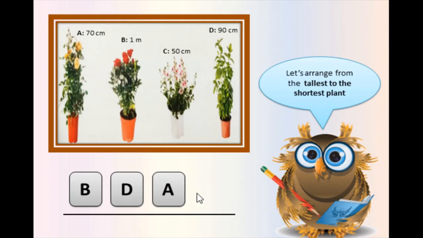And the shortest among the 4 plants is plant C. That is from tallest, the biggest, to the shortest, to the smallest. It's plant B, plant D, plant A, and plant C.